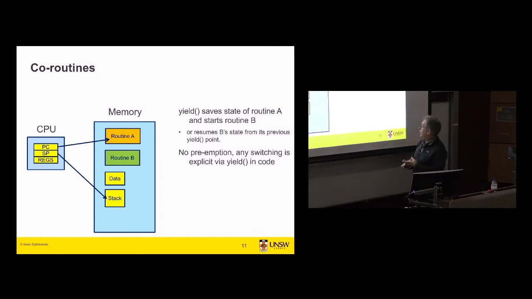That implies we have to somehow preserve what was going on inside A, and we need to keep track of what was going on inside B in order to be able to restart it. Again, there's no preemption here. It's like the event model, where there are no interrupts and switching in between one thread and another. It's all explicitly called by you, the programmer.